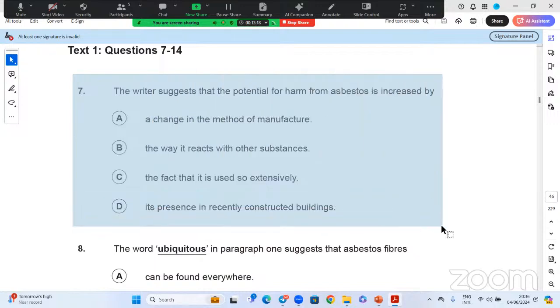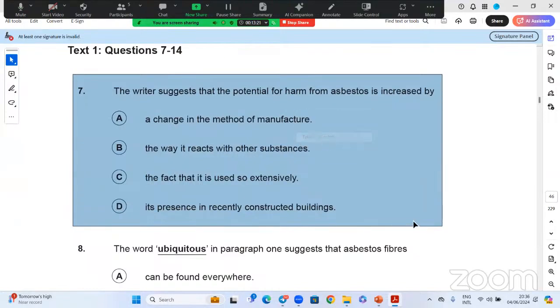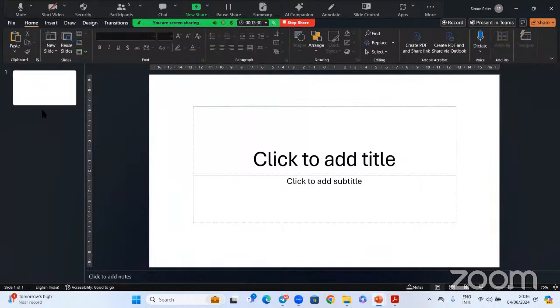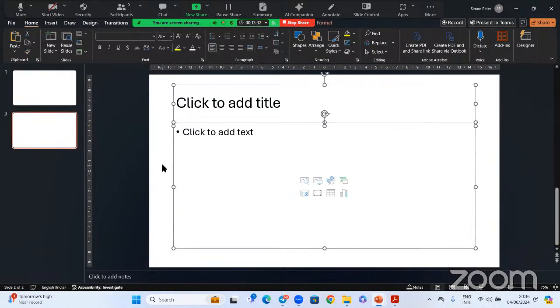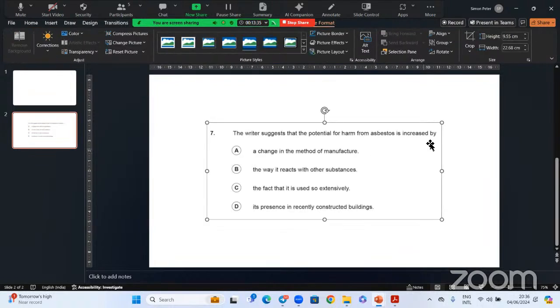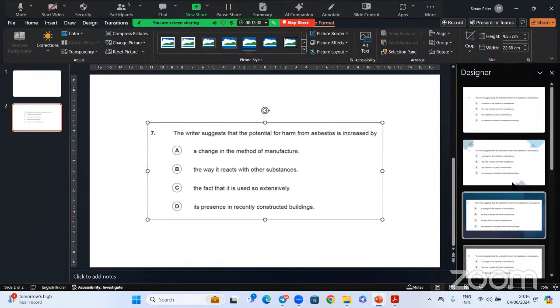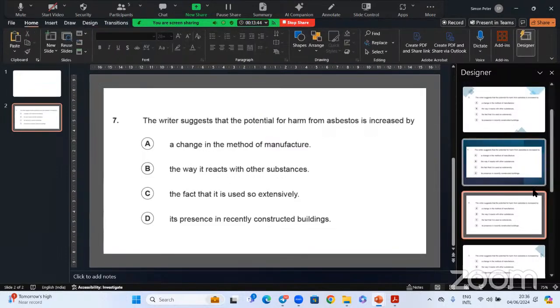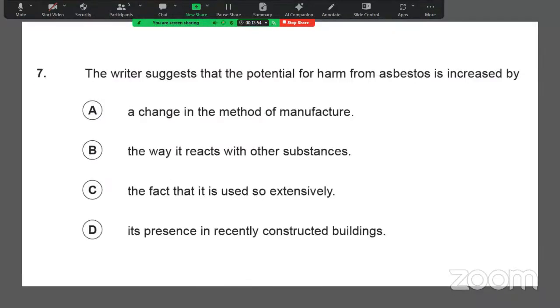Take a snapshot. Yes. Study this question now.